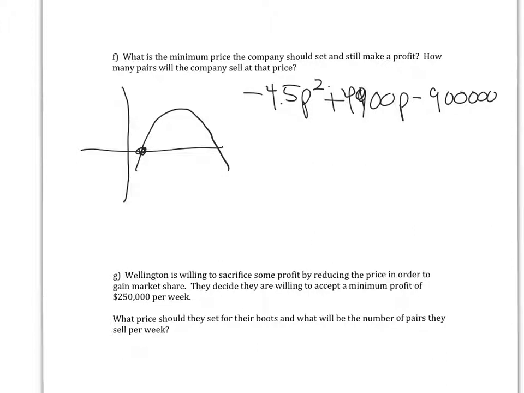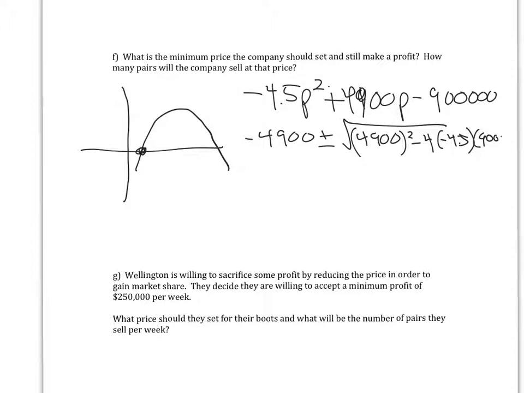Then we're going to plug that into our quadratic formula, which is going to give us negative 4,900, plus or minus the square root of 4,900 squared minus 4 times A times our value for C, 900,000, all of that over 2A or over -9.